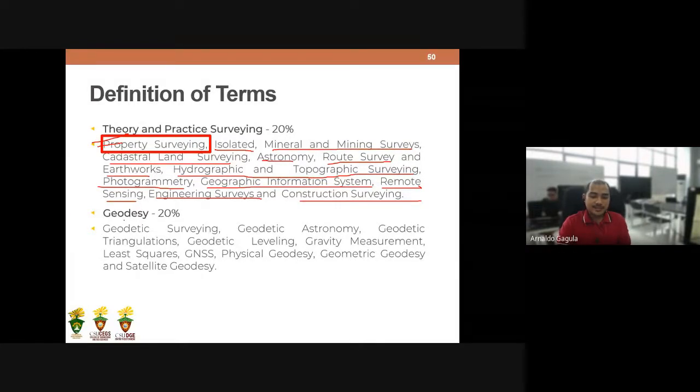Next subject is geodesy. Geodesy alone. It involves geodetic surveying, geodetic astronomy, geodetic triangulations, leveling, gravity measurements, so ito in physical geodesy, least squares, geodetic computations and adjustment, GNSS, that involves knowledge on global navigation satellite system, physical geodesy, geometric geodesy, and satellite geodesy.